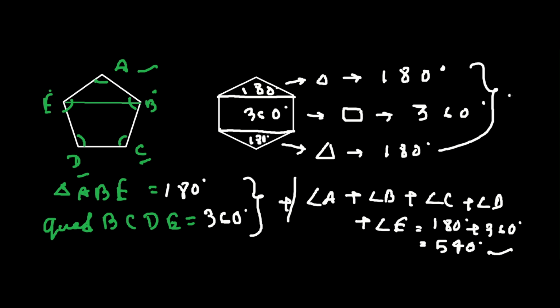If we add all of these, we'll be getting 720 degree, and this is the answer. So what is the sum of the internal angles of a hexagon? That is 720 degree.